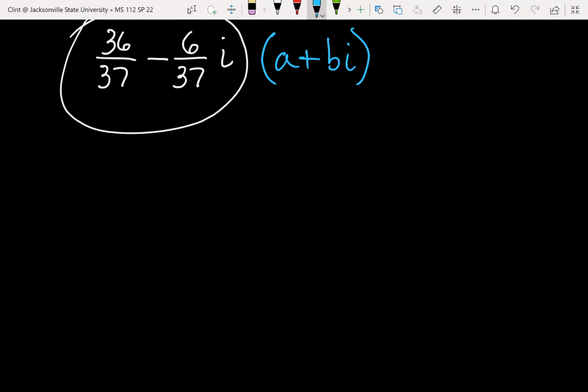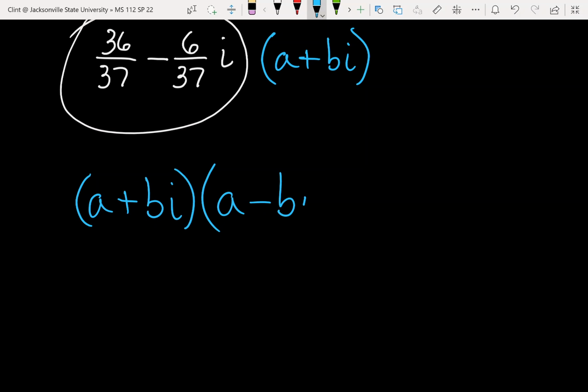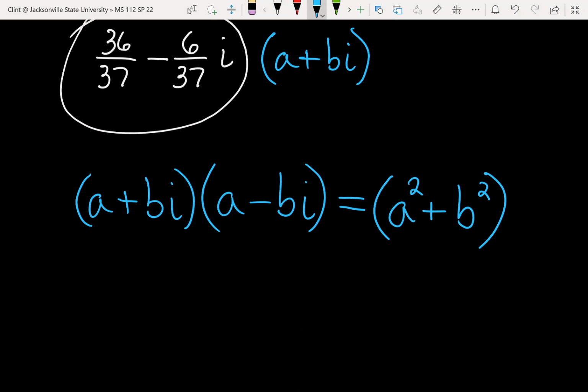So if we have complex conjugates that we're multiplying, so one will look like a plus bi, and the other one will look like a minus bi, the answer we get is always going to be the first number squared plus the second number squared.